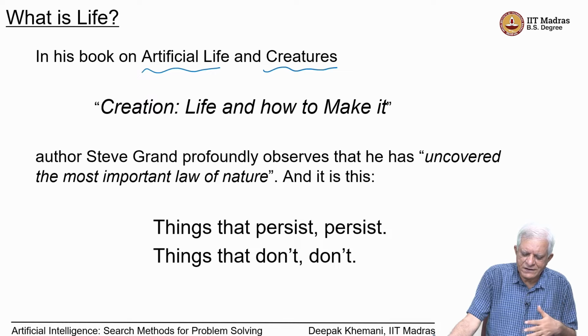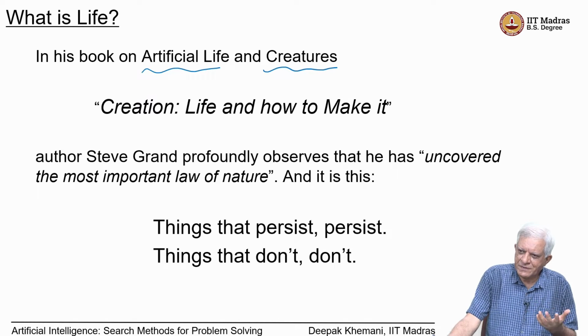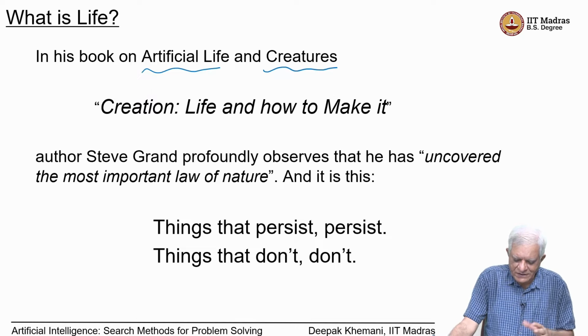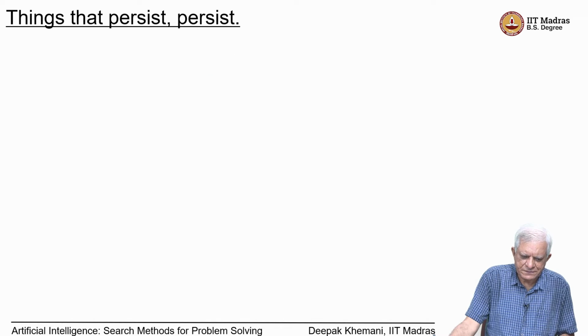So if you think of it in terms of evolution, whichever life form survives, survives, and the others don't survive essentially. But he takes it at a much more fundamental level, that whatever persists, by definition it persists. It sounds like a trivial argument, but it's worth a thought. So things that persist, persist.